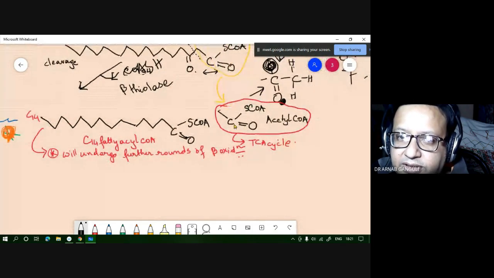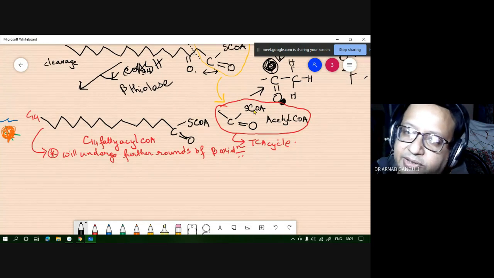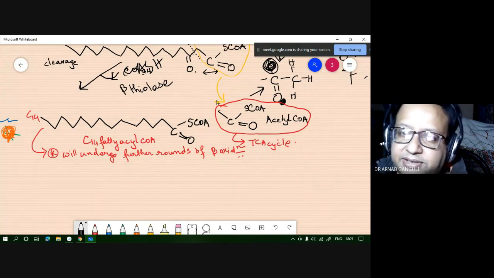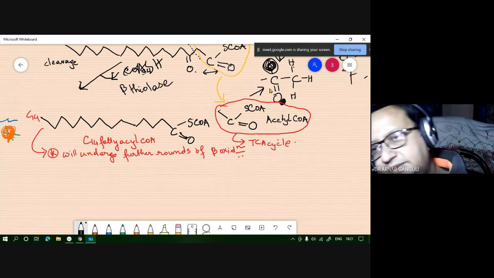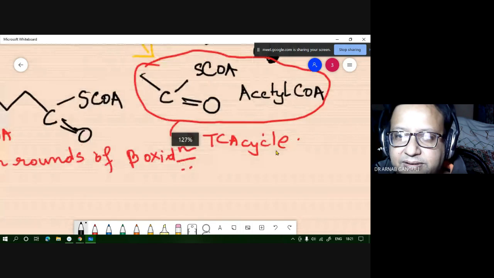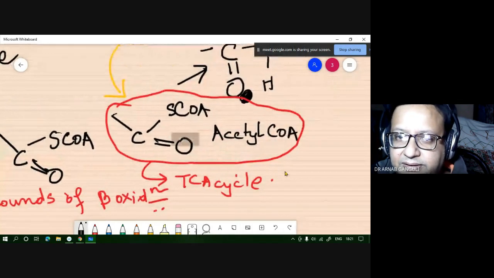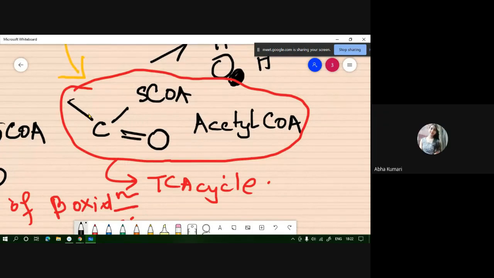This is the structure of acetyl coenzyme A. CH3CO-SCoA. This structure was written yesterday. Are you able to see the structure? Yes, sir.